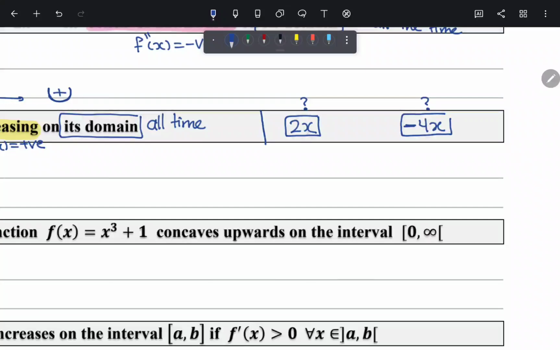X might itself be negative: if x is negative and we multiply it by 2, the final answer will be negative, not positive. And in the second case, if x is negative, negative times negative 4 will be positive, not what we expected. So when we have x, we cannot tell if the sign is positive or negative. You need to know this.